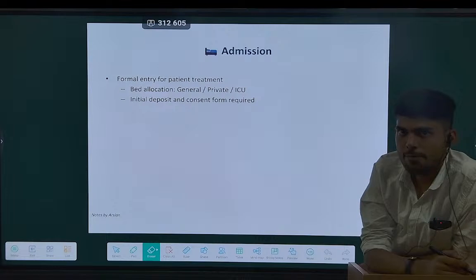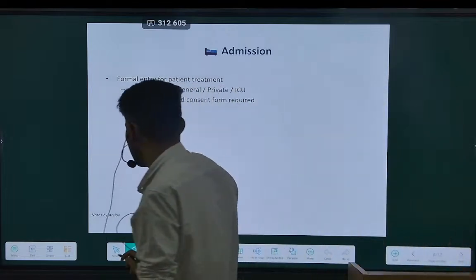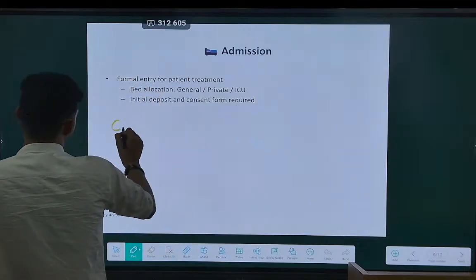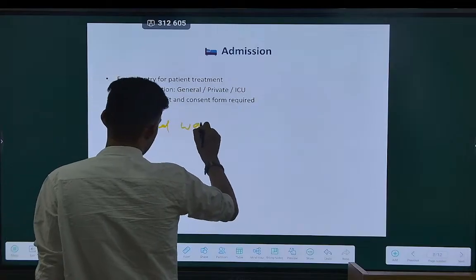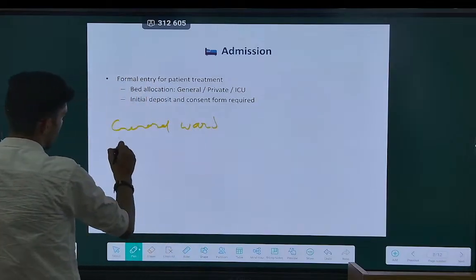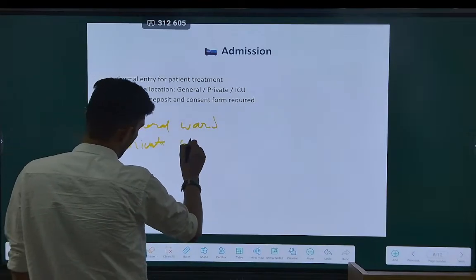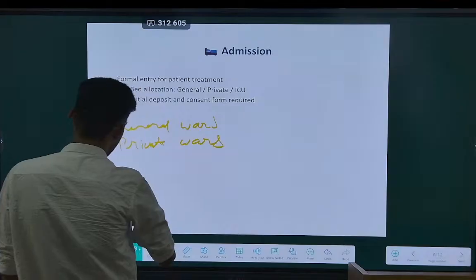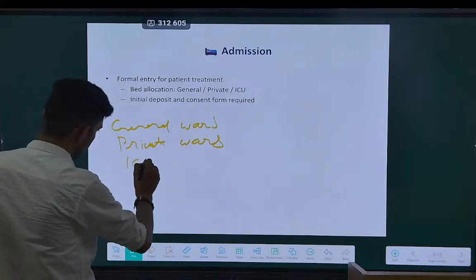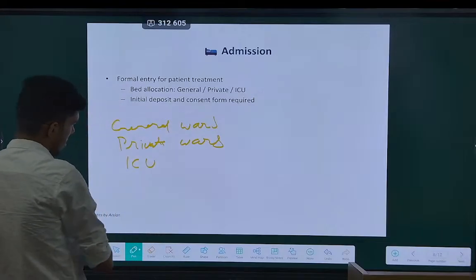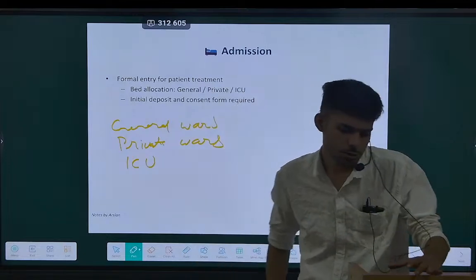There are different types of wards. There is the general ward, there is the private ward, and then if a patient is critical, there is the ICU. There are certain departments where they need to get admitted.